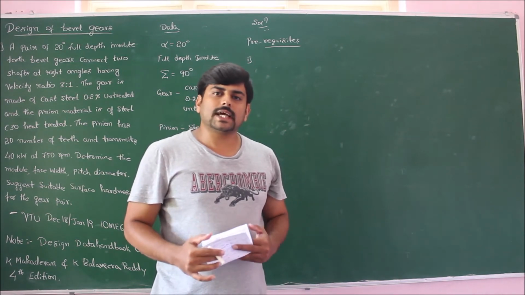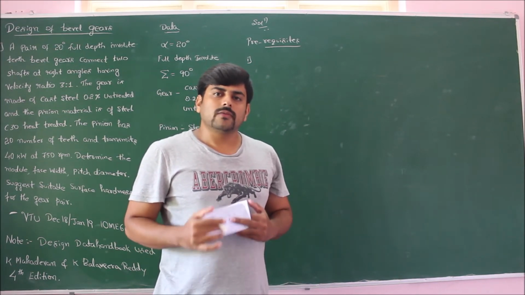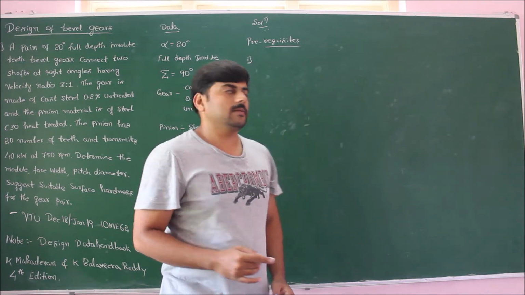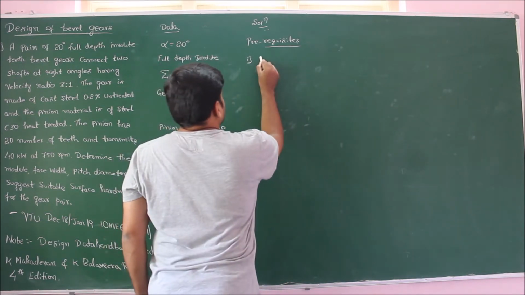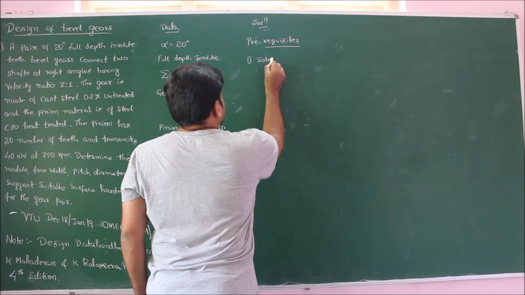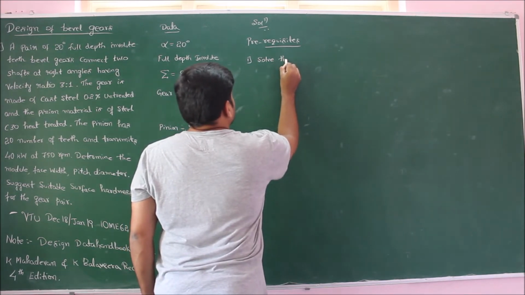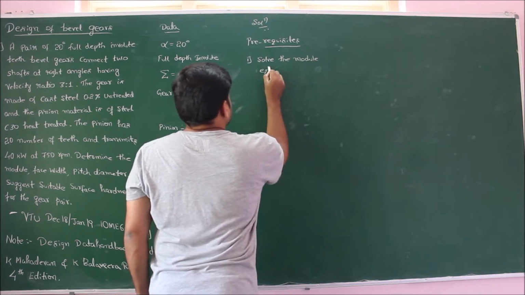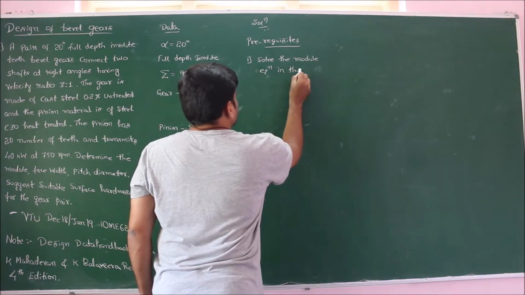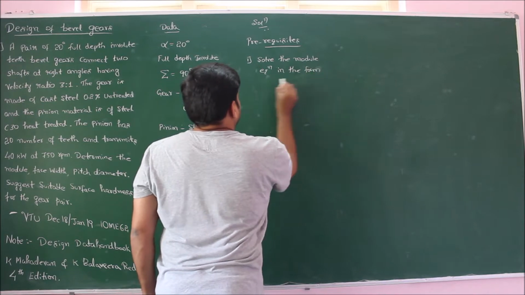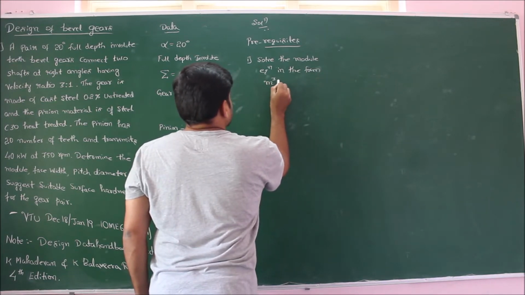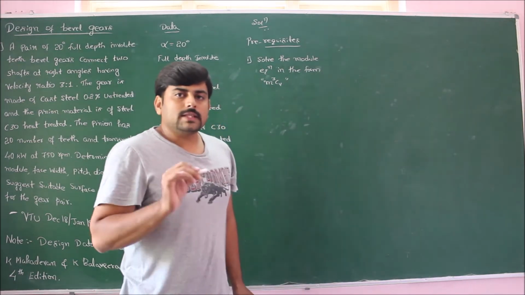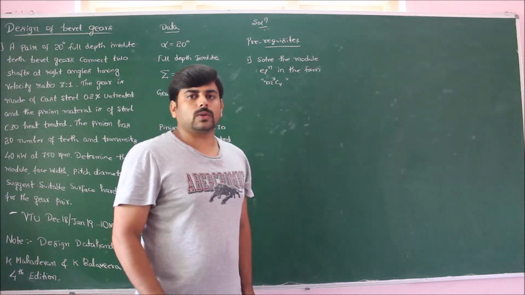Since the pitch circle diameter is not given to us, we should solve the module equation in the form of m cube Cv. This is because the pitch circle diameter is not known to us.